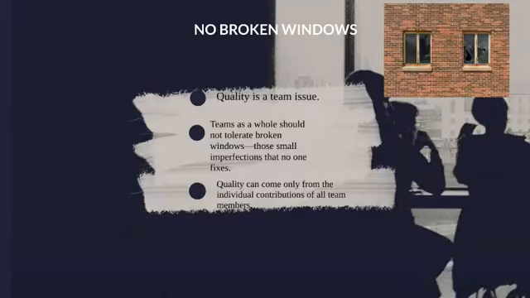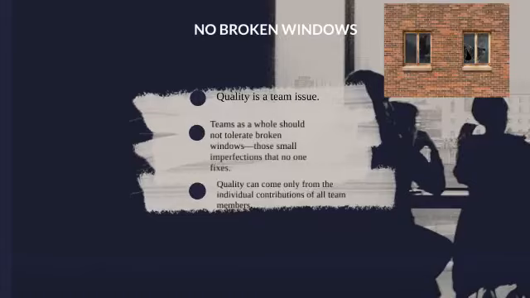What should the team support then? What the team should do is support the developers who understand the no broken windows philosophy and also encourage those who are not aware that broken windows have to be fixed as soon as possible.